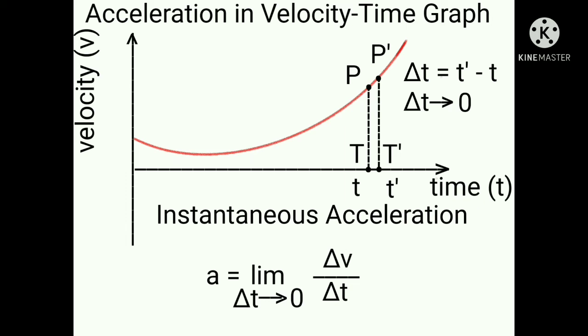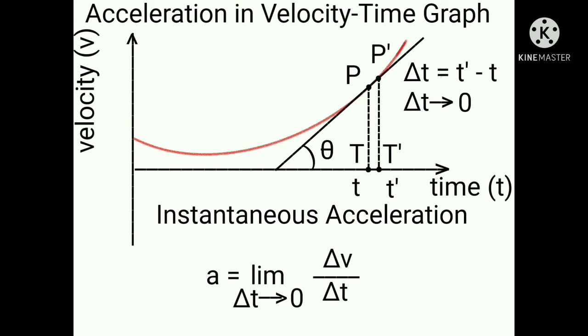The chord PP dashed will become simply not identifiable as a chord. Produced on both sides, it will rather become the tangent drawn to the curve at point P. The tangent makes an angle theta with the positive time axis.